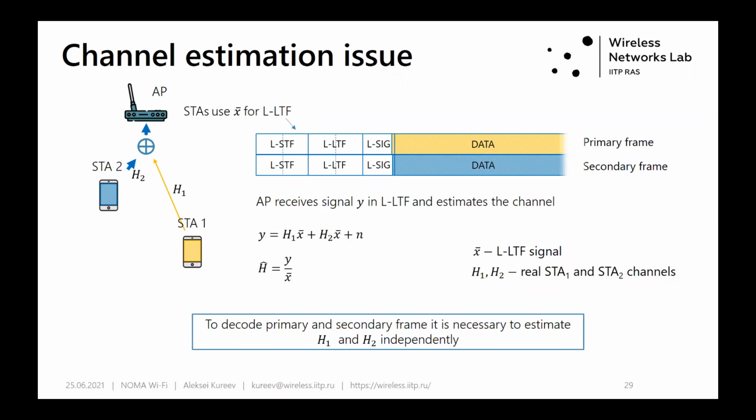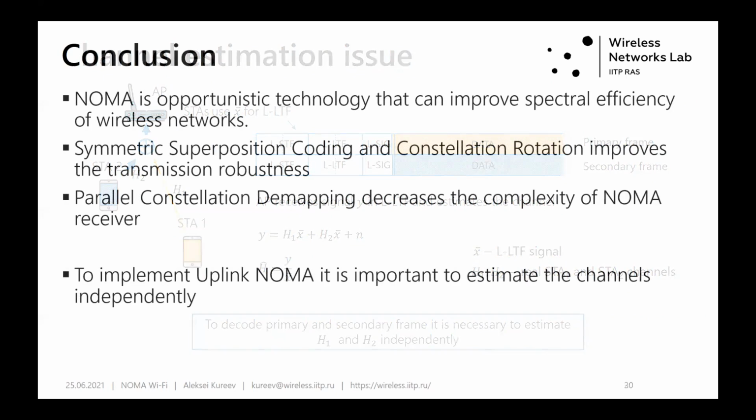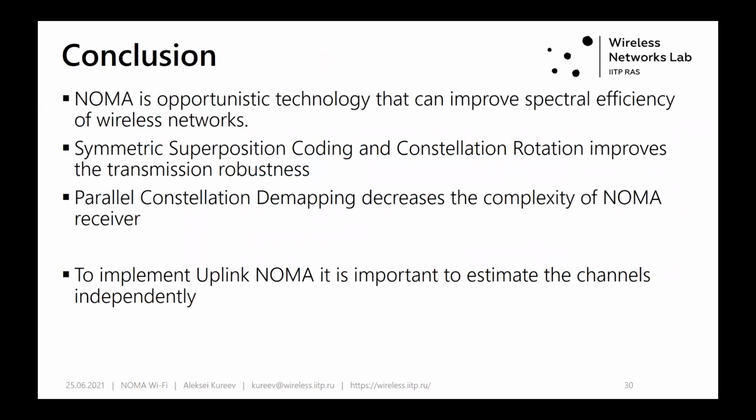And I guess after some time, I will describe these techniques when we achieve great results here. So if I want to conclude my talk: NOMA is an opportunistic technology that can improve the spectral efficiency of wireless networks. And we show that it can improve the geometric mean throughput, for example, for Wi-Fi networks with single antenna transmitter.